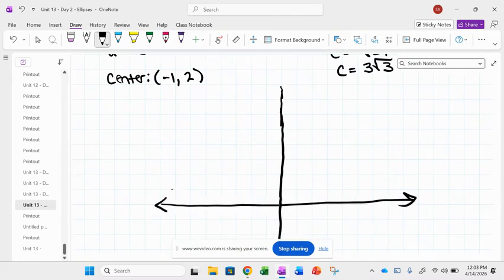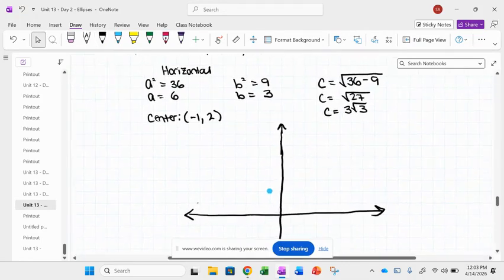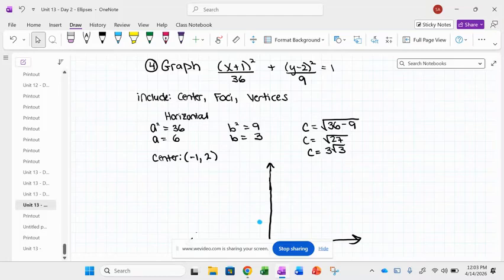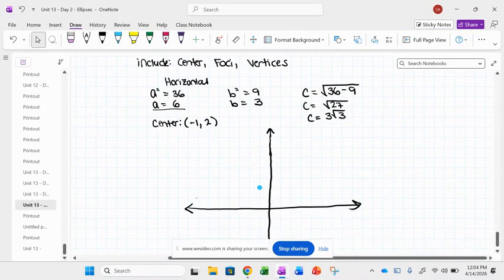Okay, so my center is the point -1, 2. And now we said this was a horizontal ellipse, right? So my A is going to go horizontal. So my semi-major axis length is 6. What does that mean?